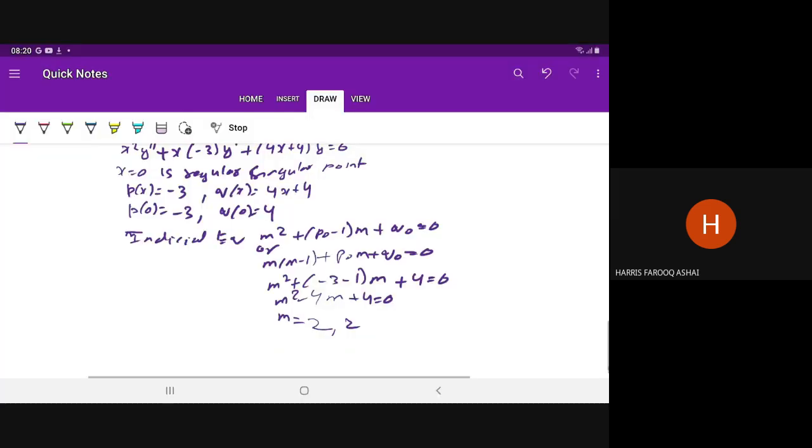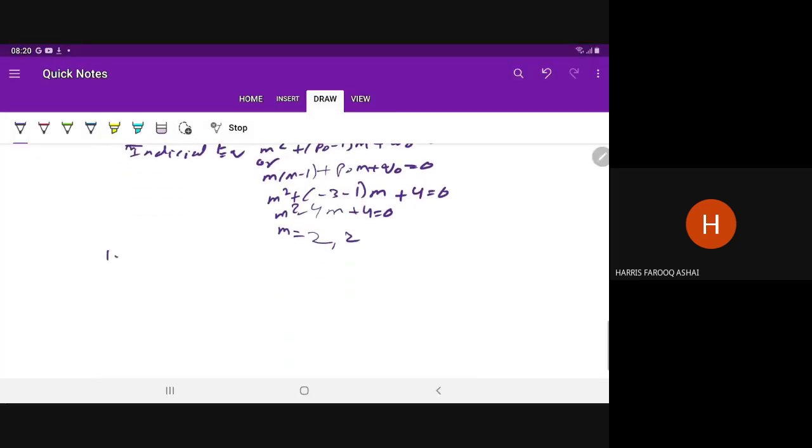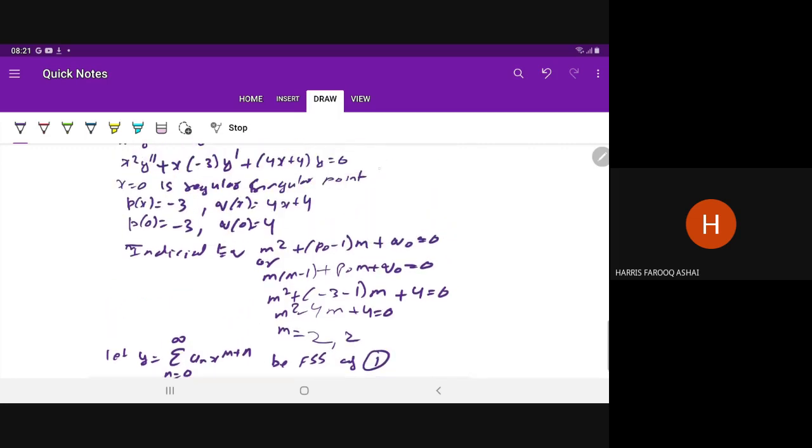At that time, we have to assume, let y is equal to summation a n x to power m plus n, n is equal to 0 to infinity, be the Frobenius series solution of the given equation. Let's say this is the first.